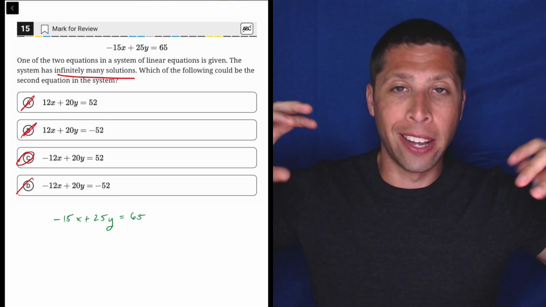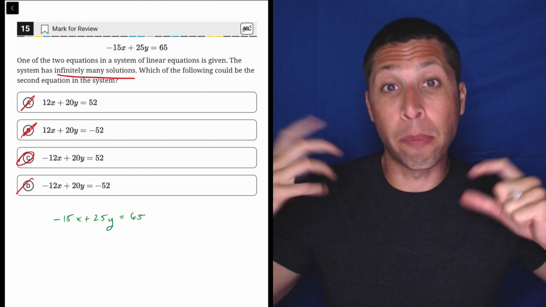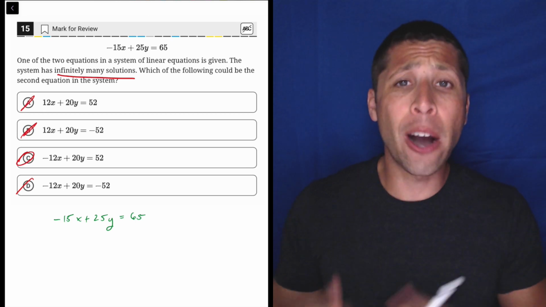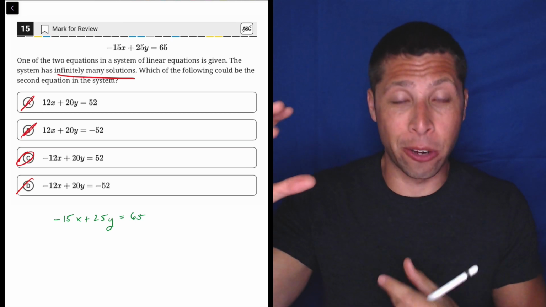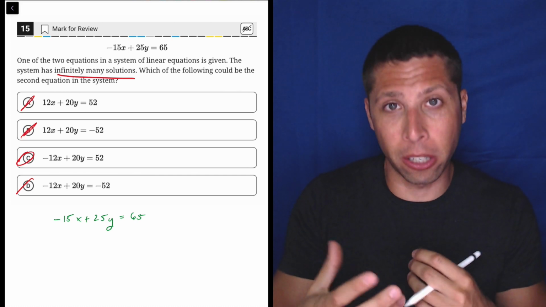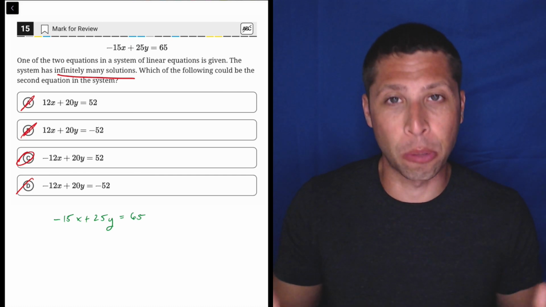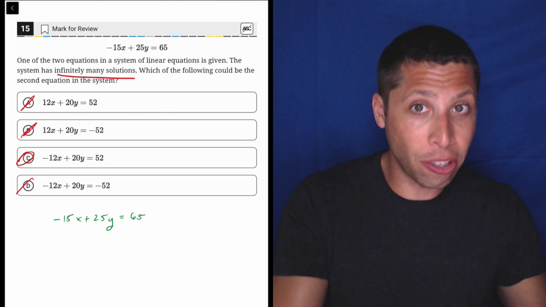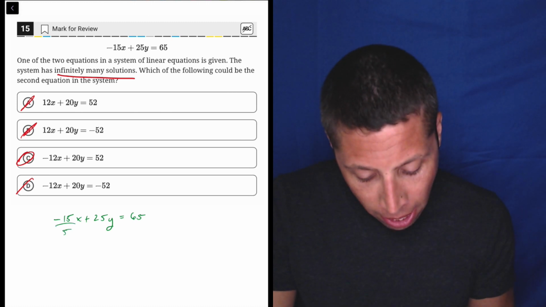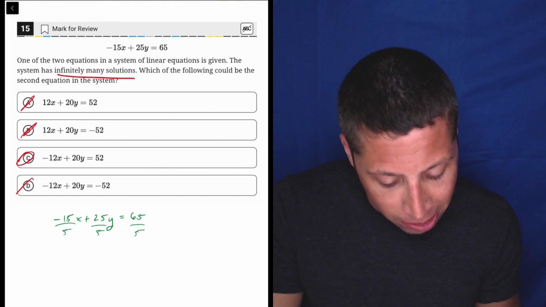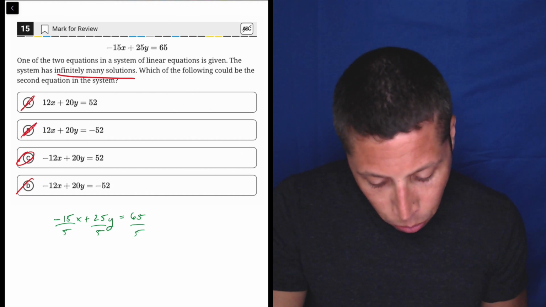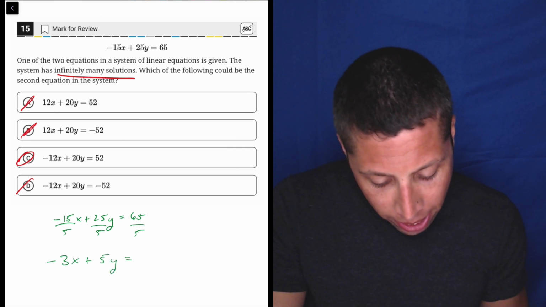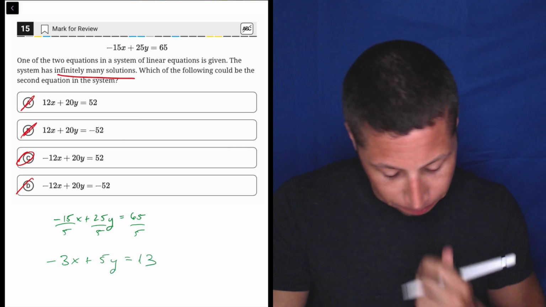If we have a number on the top and on the bottom that are divisible by the same thing, we pull that out and we are left with the same value, but the pieces that make it up are smaller because we've reduced the fraction. So we want to reduce this equation to something simpler, and we can do that by dividing every single piece by 5. And when we do, we get negative 3x plus 5y is equal to 13.